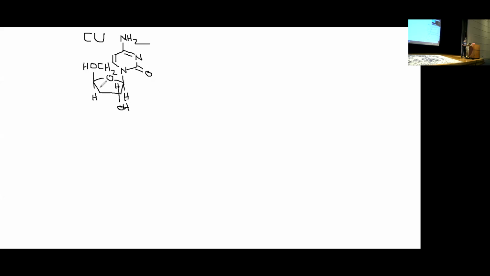And then what makes it a dinucleotide, that connection goes from the 3' oxygen of this sugar to the 5' oxygen of the next sugar. And in between, we will put a monophosphate using the same definition we had on the previous page, where I drew the phosphate esters.